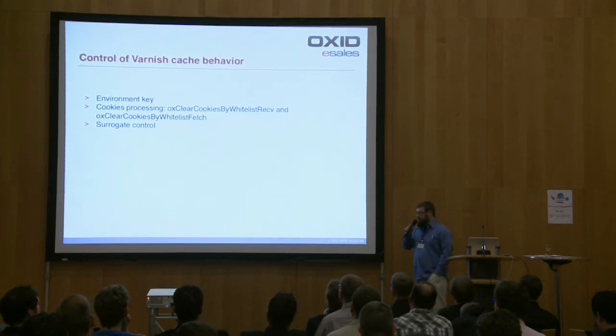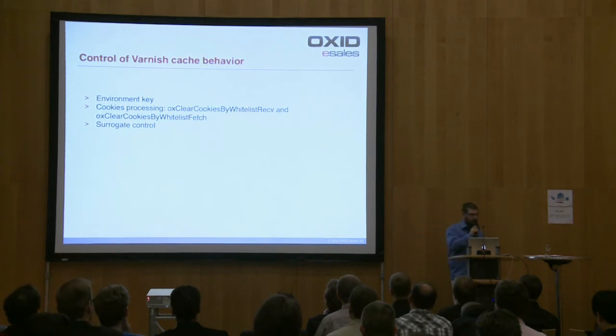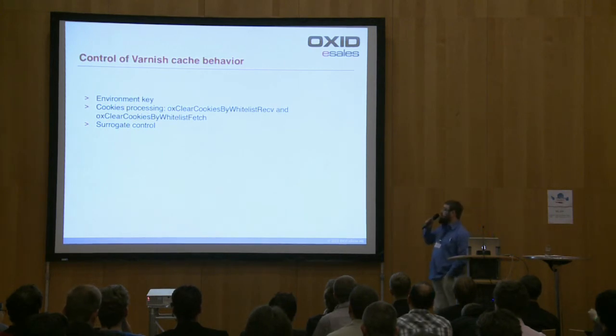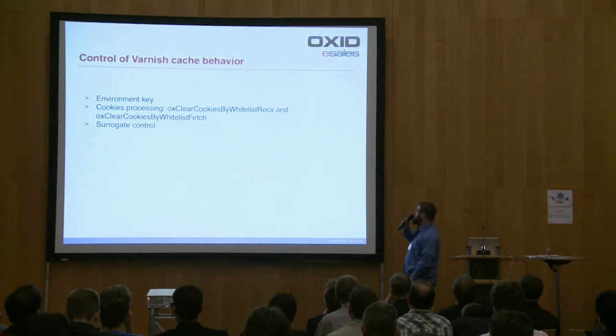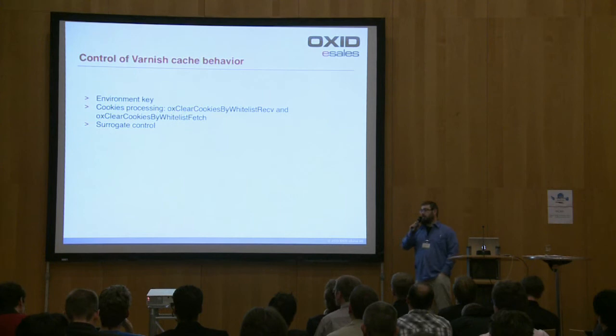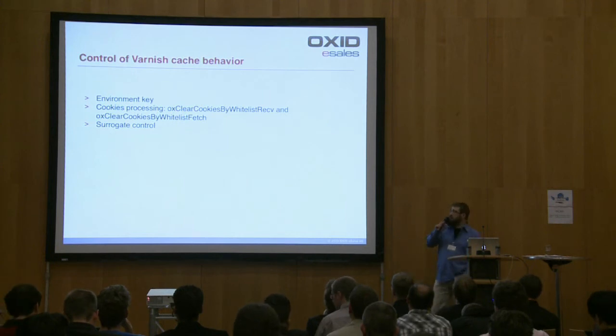Cookies are something that Varnish does not deal with by default. By default, Varnish just does not cache at all if cookies are in the request. And that's definitely not what we want. We want to cache even if there are cookies, because content is not always different if there are different cookies. So we have a whitelist.